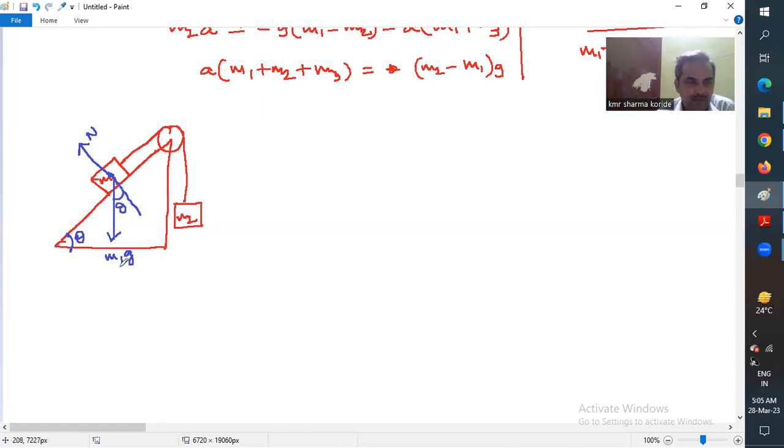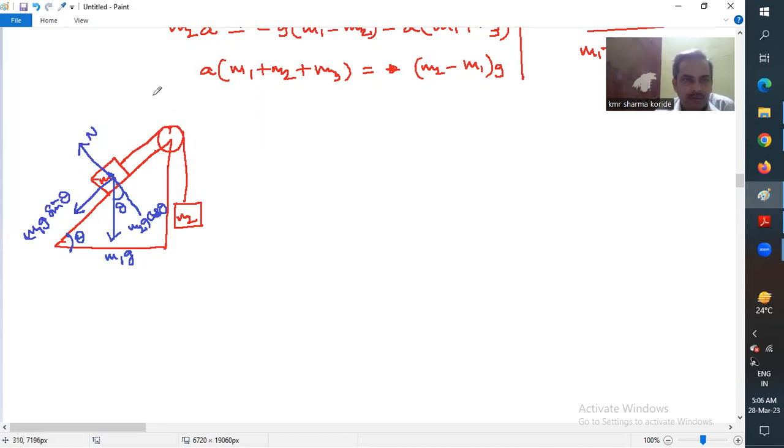So resolving the weight M1G into two components, one component, M1G sin theta, acts downwards along the inclined plane. Another component, M1G cos theta, does not play any role in the motion of the block M1.